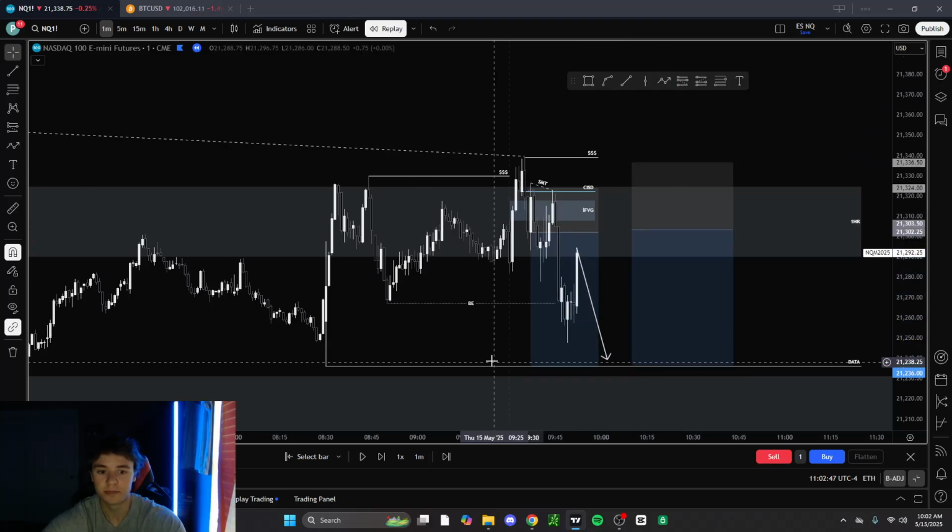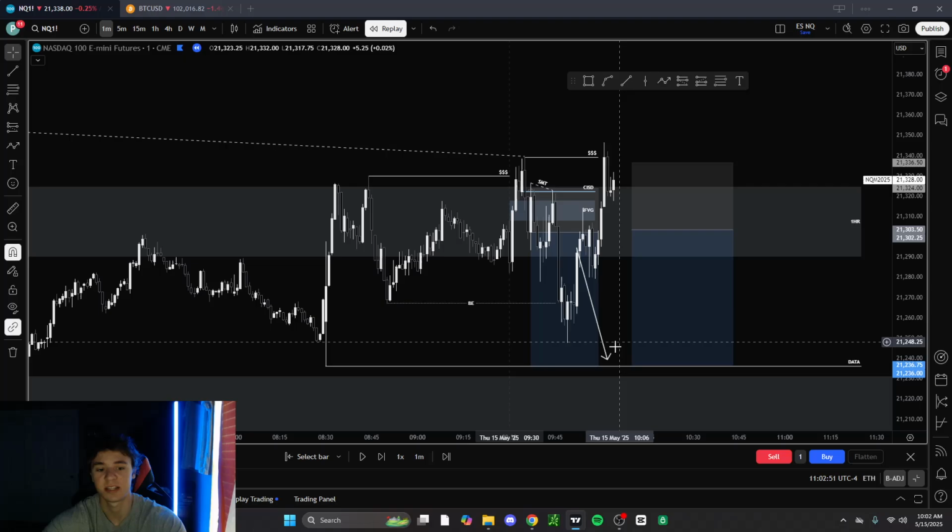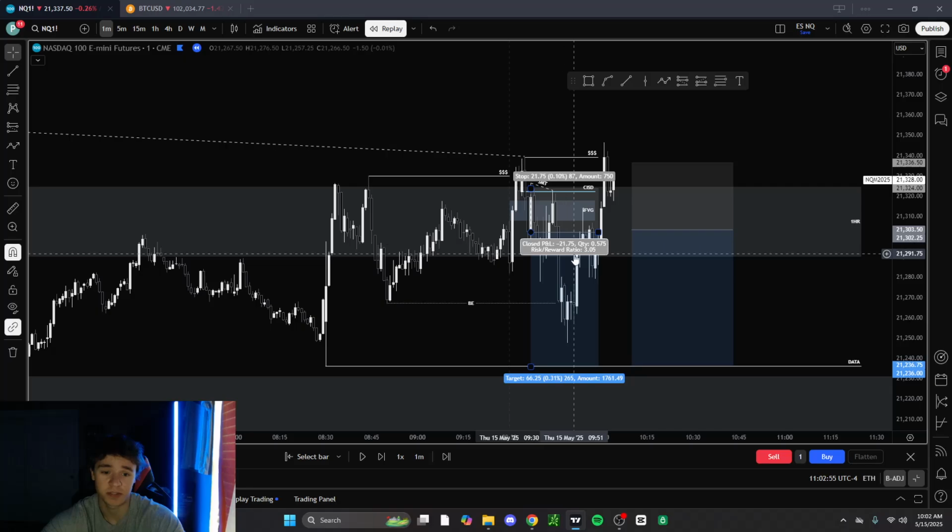And if we continue in price, we come up and we get stopped out. So this was a full loss for me because I scaled in and moved stops down, but I increased my risk after this big displacement, which gave me the confidence.